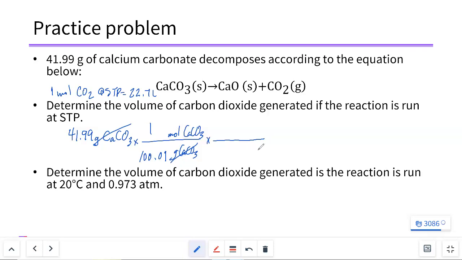Now that I have my moles of calcium carbonate, I'm going to convert those moles into moles of carbon dioxide. Balanced chemical equation tells me that this is a 1-to-1 ratio. And then finally, I can use Avogadro's law. 1 mole of carbon dioxide is 22.7 liters of carbon dioxide.